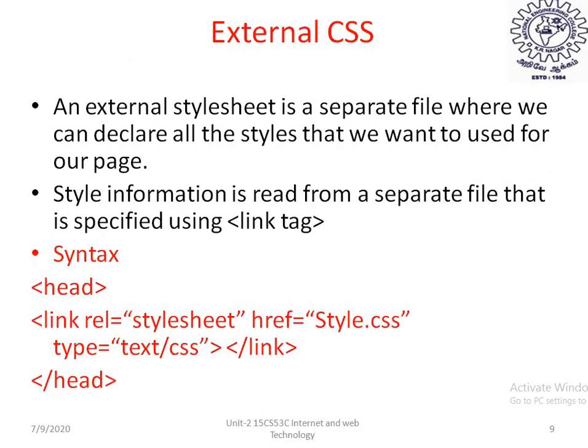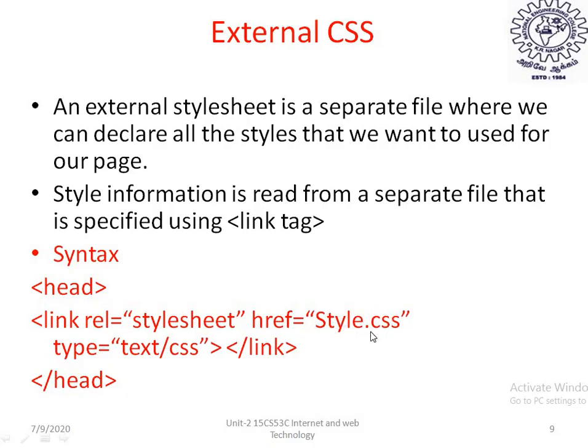External CSS. Here the style information is saved in a separate file. It can be read by using a link tag. So under the head section, we are specifying link rel equal to stylesheet and href equal to style.css.